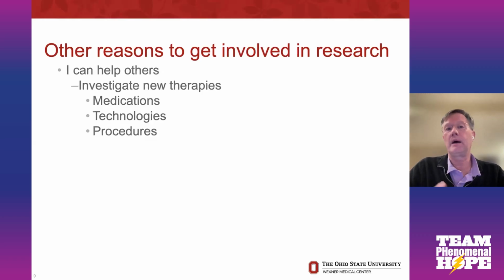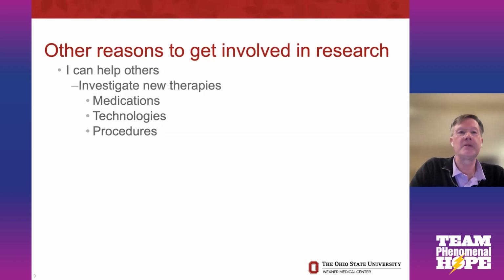There are procedures that have looked at ablation, which is using low-level energy to basically cut veins that might control some of the blood pressures in the lungs. There are procedures to actually create a connection between the two sides of the heart to try to offload the increase in pulmonary pressures. So not just medications, but technologies and procedures.